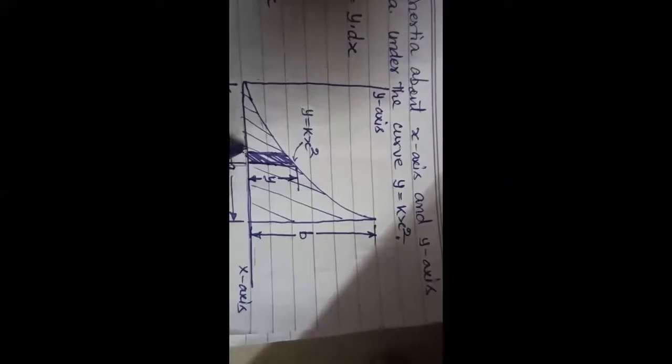Now we find Ix, that means about this axis. We will find the moment of inertia for this strip about this x-axis. This is a rectangle, and for this rectangle, this is the base.